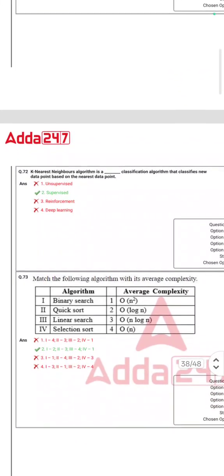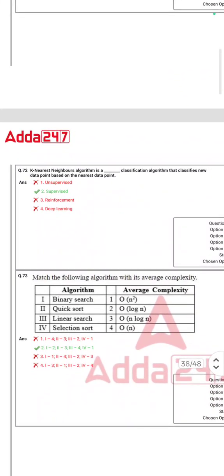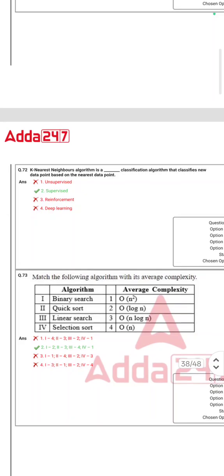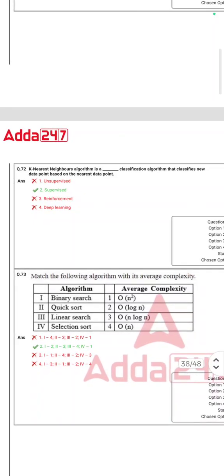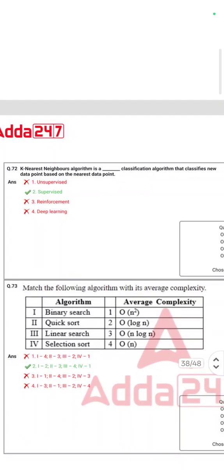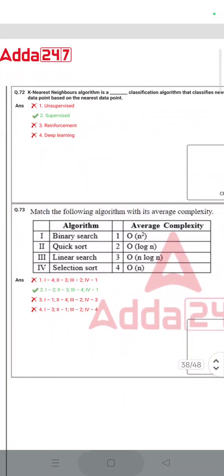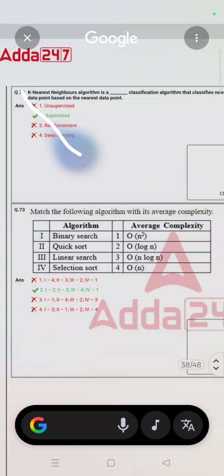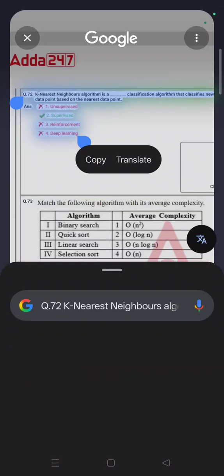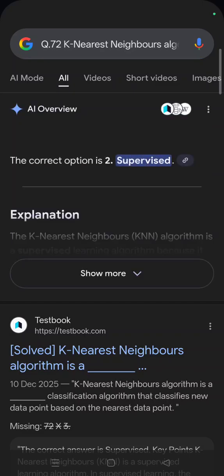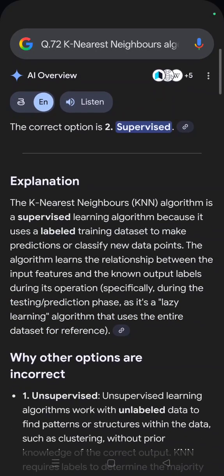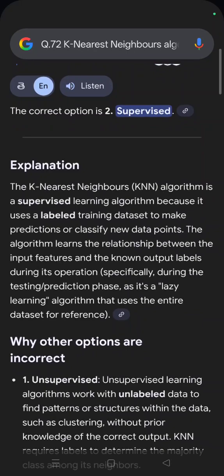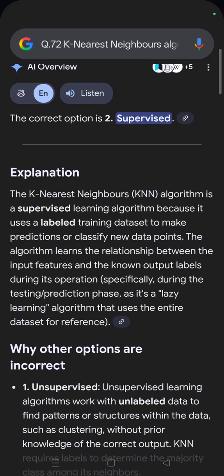Next, the k nearest neighbors algorithm is a dash supervised classification algorithm that classifies new data points based on the nearest data points. Explanation: the k nearest neighbors (KNN) algorithm is a supervised learning algorithm because it uses a labeled training data set to make predictions or to classify new data points.